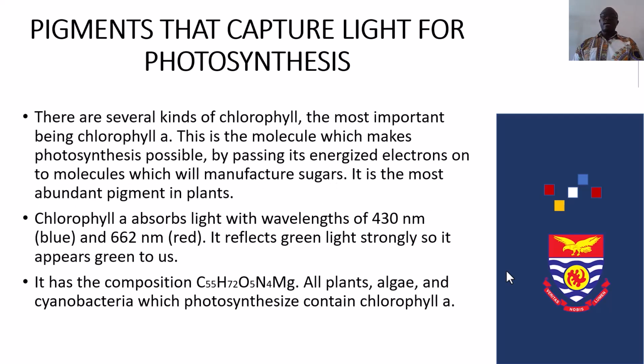There are several kinds of chlorophyll, the most important being chlorophyll A. This is the molecule which makes photosynthesis possible by passing its energized electrons onto molecules which will manufacture sugars. It is the most abundant pigment in plants. Chlorophyll A absorbs light with wavelengths of 430 nanometers, that is blue, and 662 nanometers, which is red.